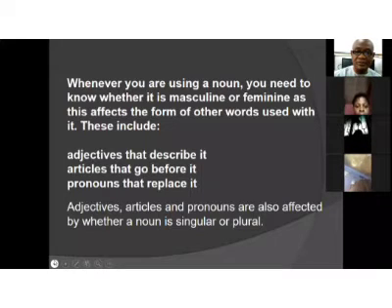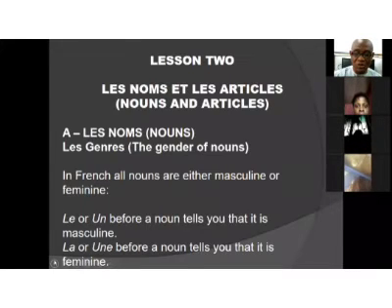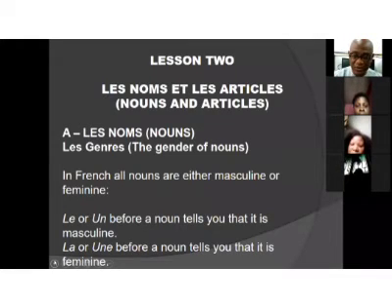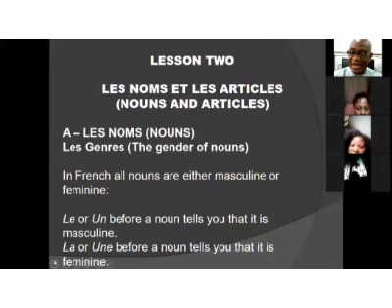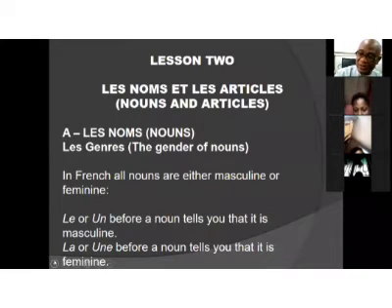So why do we teach you these articles? The indefinite, which is un and une, and the definite, which is le or la. Why do we teach you this? Because, like I said earlier, every noun in French is either masculine or feminine, and you cannot just use a noun without specifying its nature, whether it's definite or indefinite, and without specifying its gender.